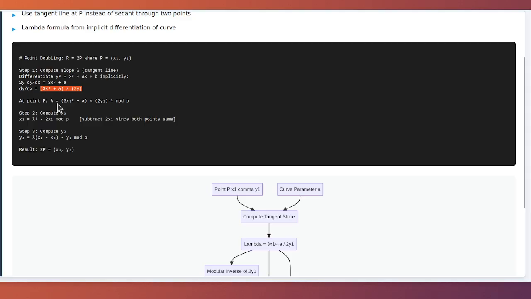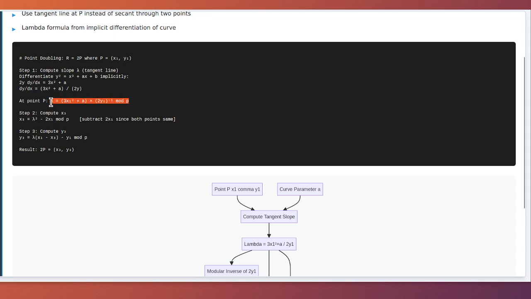We are finding the slope of the tangent line at point P. The numerator, 3 times x sub 1 squared plus a, represents the derivative of the right side of our curve equation with respect to x. If you differentiate x cubed plus ax plus b, you get 3x squared plus a. The denominator, 2 times y sub 1, comes from the derivative of the left side y squared, which is 2y.